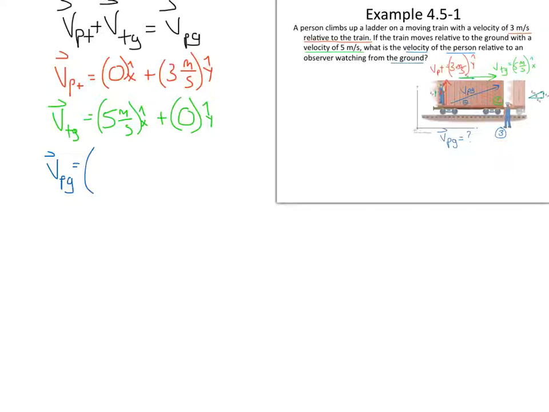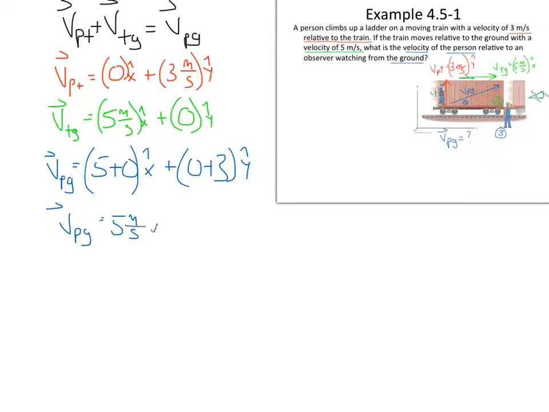So that's 5 plus 0 meters per second x hat, and 0 plus 3 meters per second y hat. So of course that simplifies into 5 meters per second x hat, and 3 meters per second y hat.